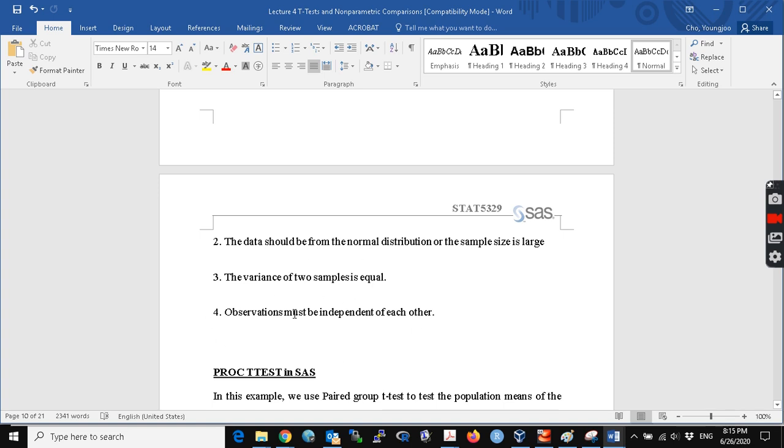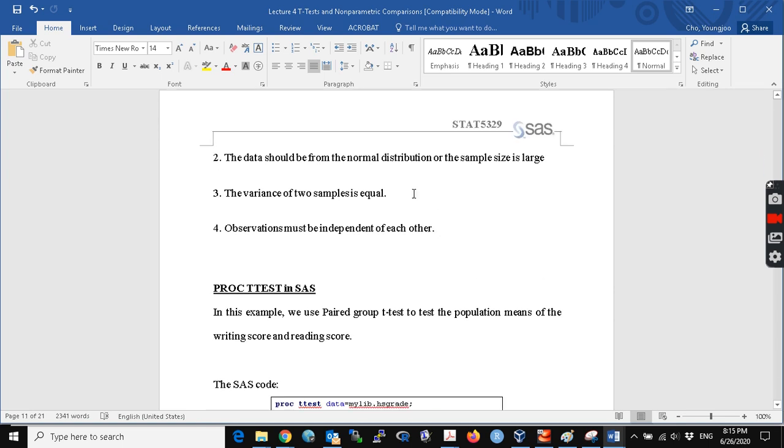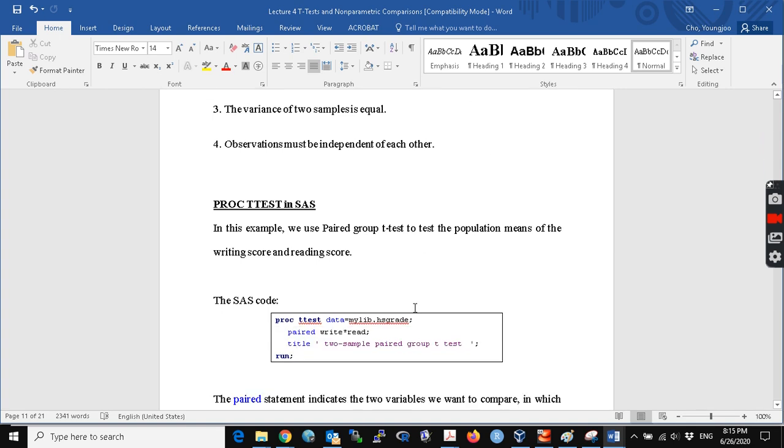The observations must be independent of each other, which means that your two measurements on one unit are correlated, but different units are independent. So if we have person A and person B, the scores from person A should be independent from the scores from person B. And also the data should come from a normal distribution or the sample size should be large.